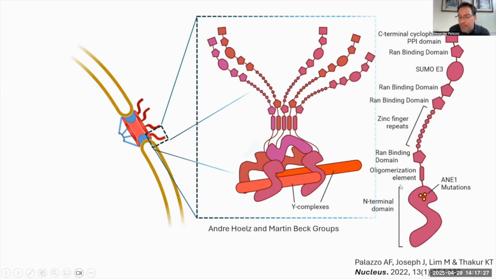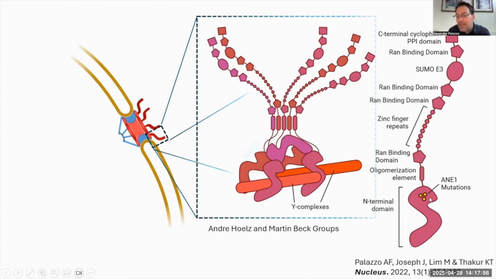Some key important domains: this N-terminal domain, where a lot of the ANE1 mutations reside. You can see that this domain tends to bind to the nuclear pore, a part of the pore that forms these rings that are called the Y complex. So the N-terminal region binds there. The ANE1 mutations, at least the most common ones, tend to cluster on this top region of the N-terminal domain.